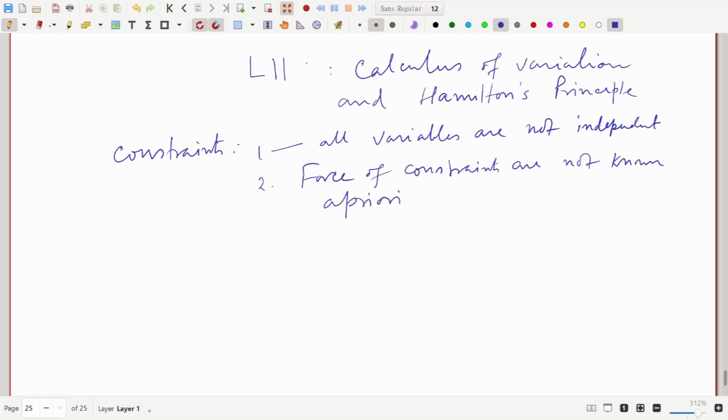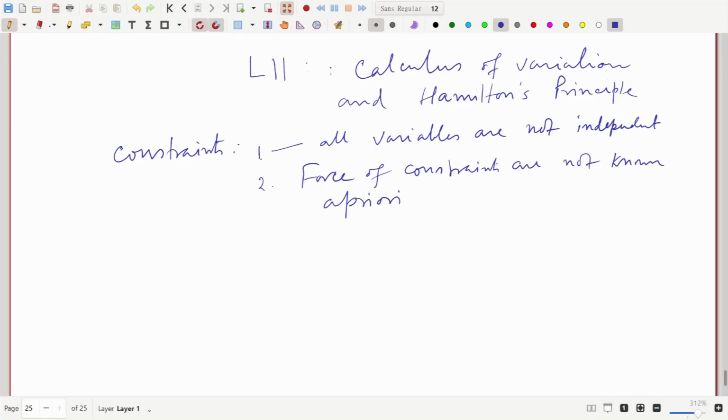If beforehand we do not know what the forces of constraint are, we will not be able to deal with them. And if the constraint is there, all the dynamical variables, all the coordinates, are not independent in the system. So you have to deal with these two problems.